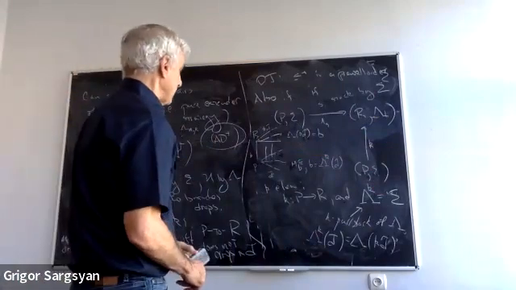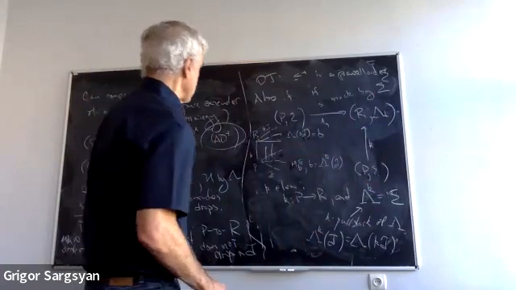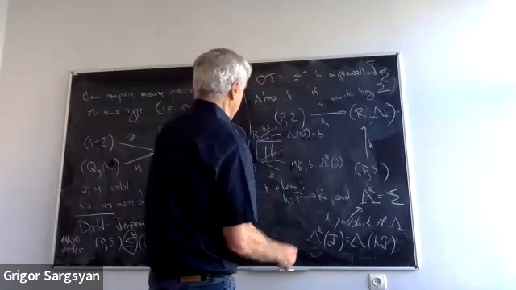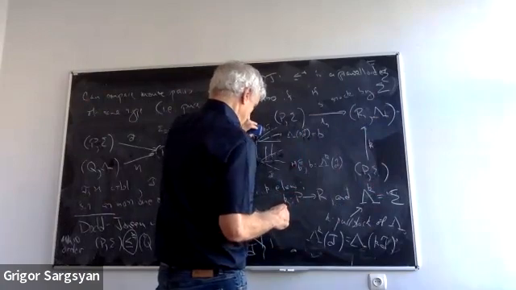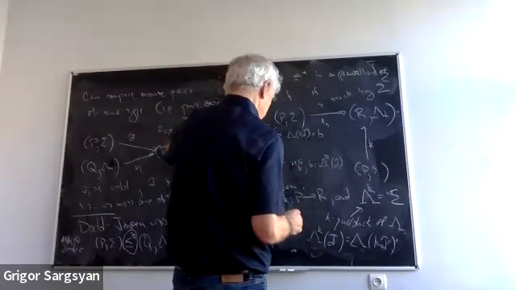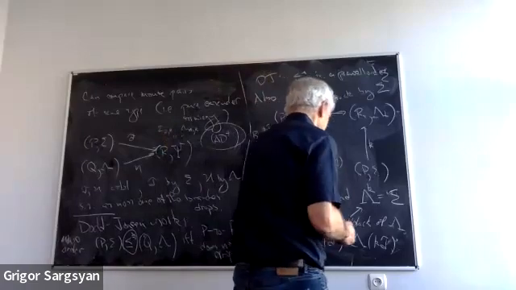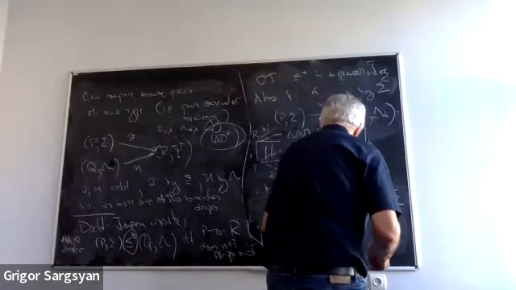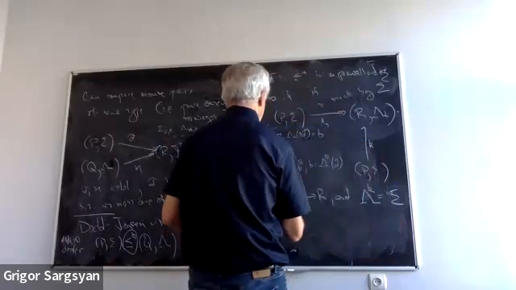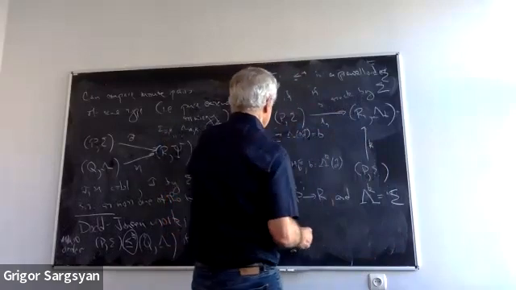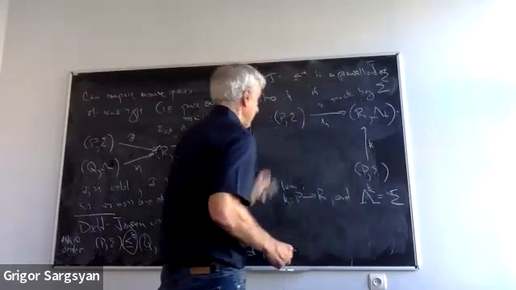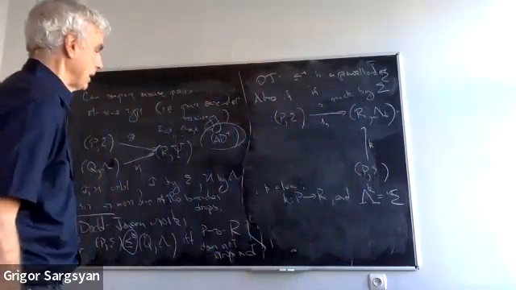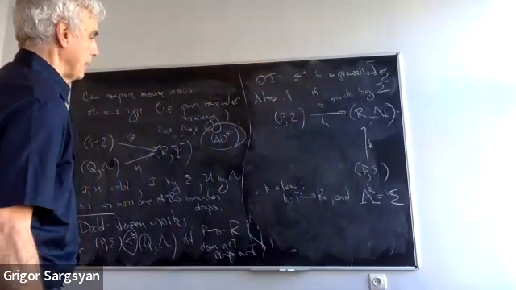Okay, so Dodge-Jensen says, explanations of what the situation was. So we have an elementary map from there.